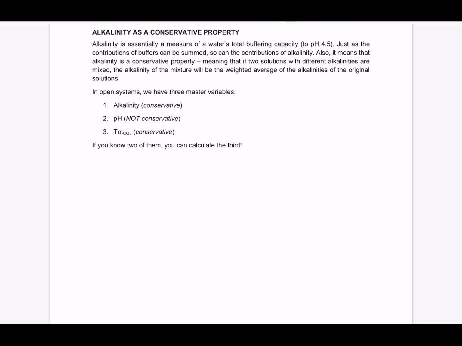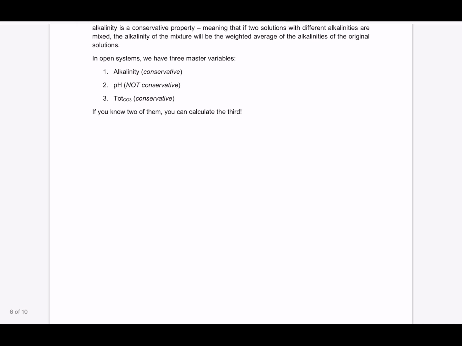So now let's look at a very simple case. If we have solution A, you mix this with solution B, it's just a simple mixing, to get to solution C. Each of them has a pH value, a total CO3 value, and also an alkalinity value. pH, you can quickly measure with a pH probe.